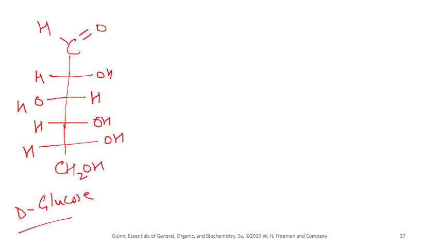Okay, so this is your D-glucose. How would I know this is a D? Because this is the last chiral carbon out of those 4 that we have, and the OH is present on the right hand side, so this is D-glucose.